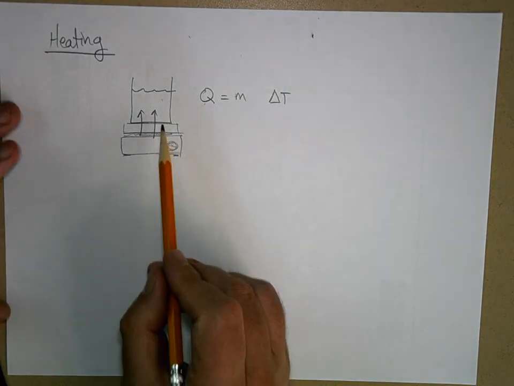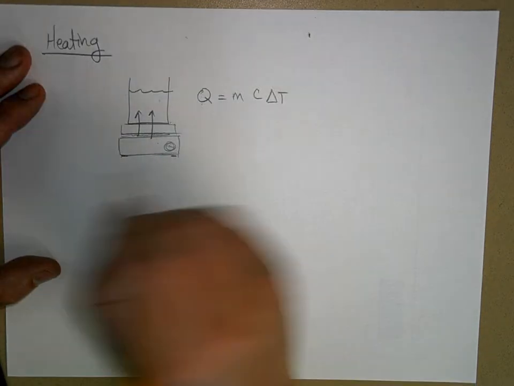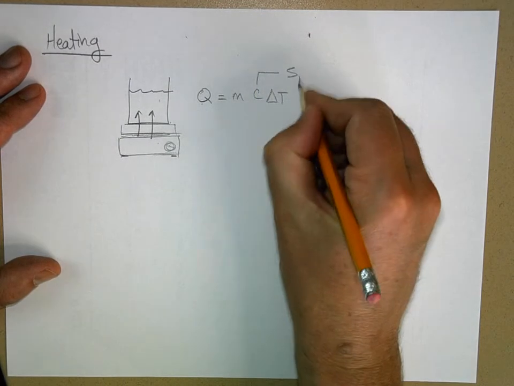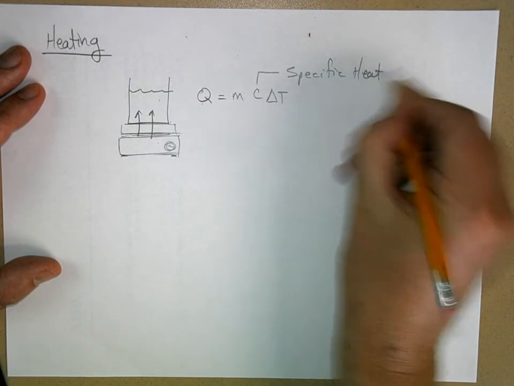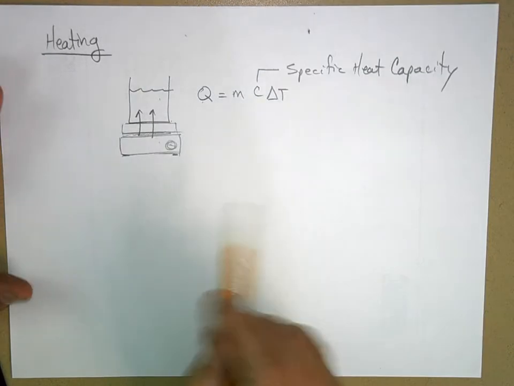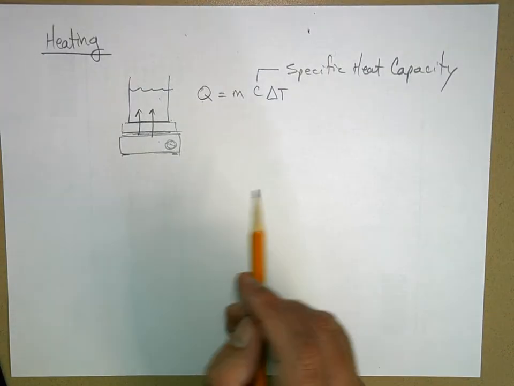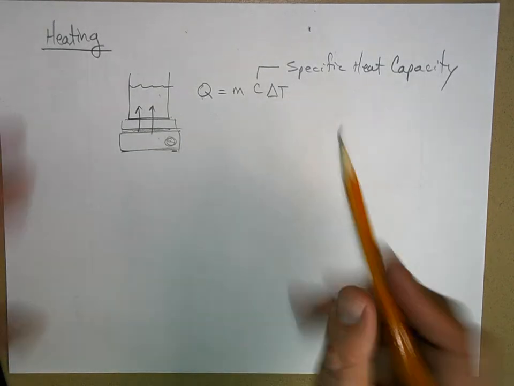Now, how much heat I need to raise the temperature of a certain quantity of this stuff by a certain temperature change, well, that's a property of that material, and that's called the specific heat capacity. If you can't remember how to write the definition for the specific heat capacity, just remember this equation, and you can solve for it.